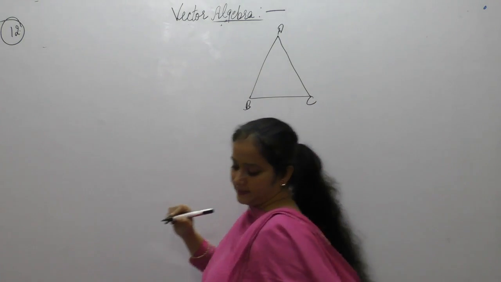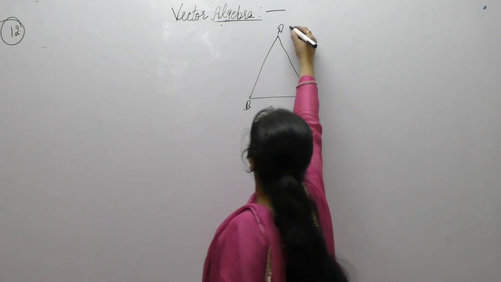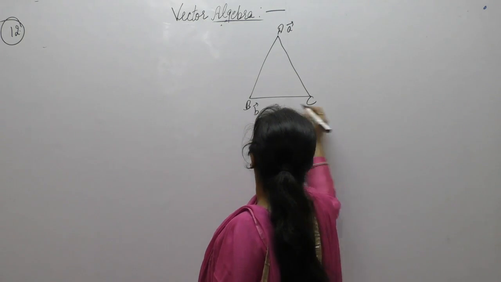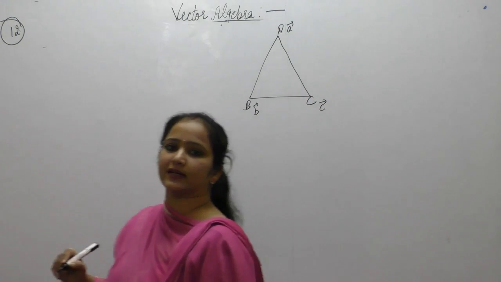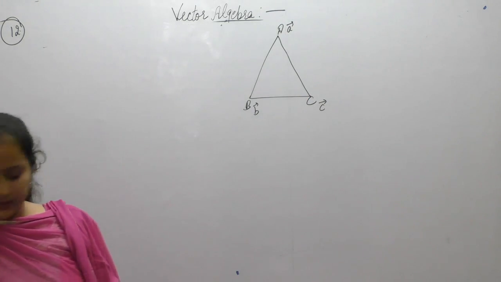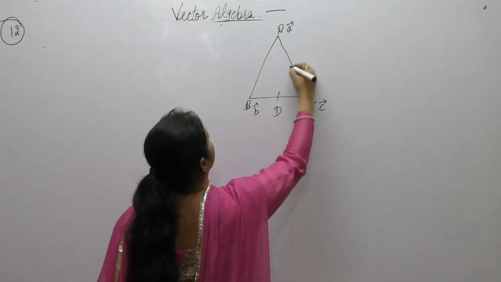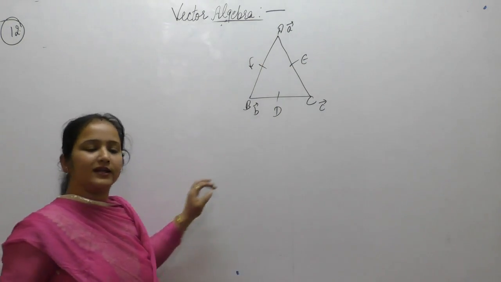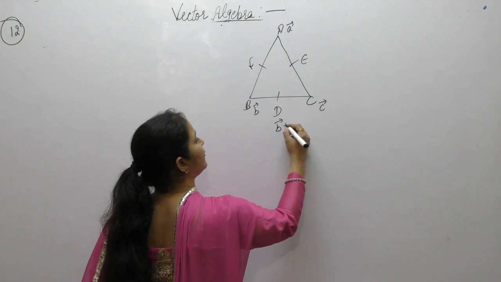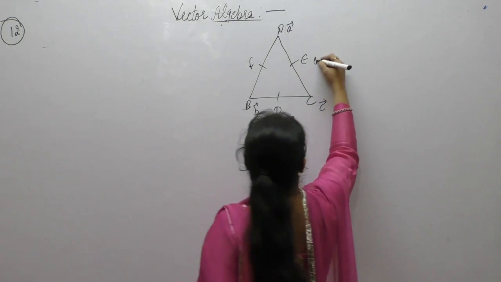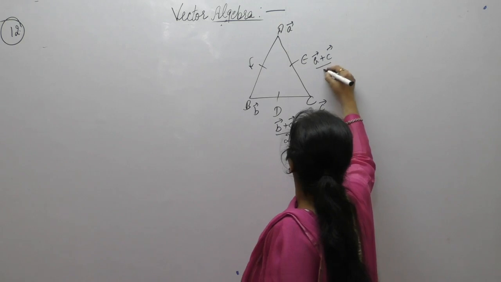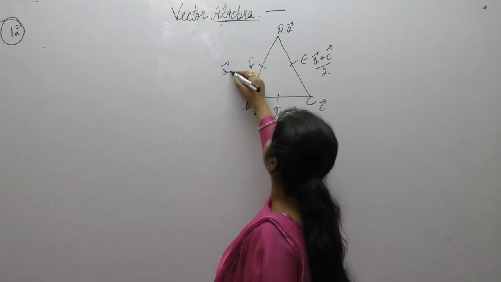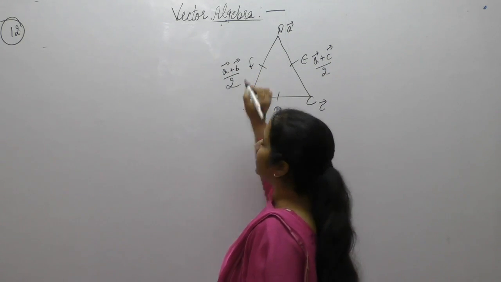Let ABC be the triangle with the vertices with the position vector A vector, B vector and C vector. D, E and F are the midpoints of the respective sides. Since D, E, F are the midpoints, so position vector of D, E and F is A vector plus B vector upon 2.